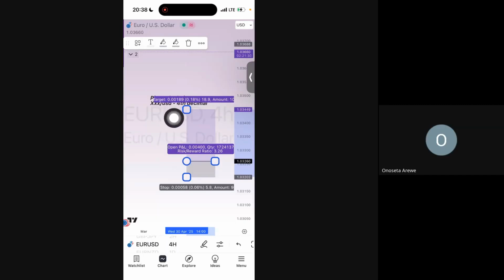The fourth decimal place here is 8, and we have 1 backing it up from the other end. So it's 18.9, and 9 is the pipette. If the pipette gets to 10, it will add to the other end and it will become 19 pips. That's how pips are calculated in XXX USD pairs.